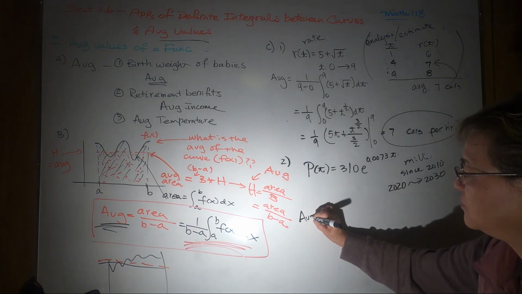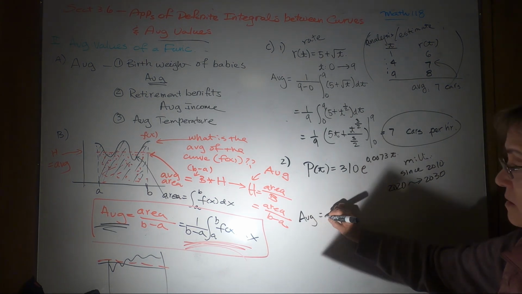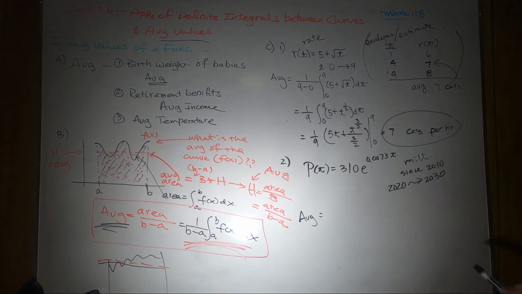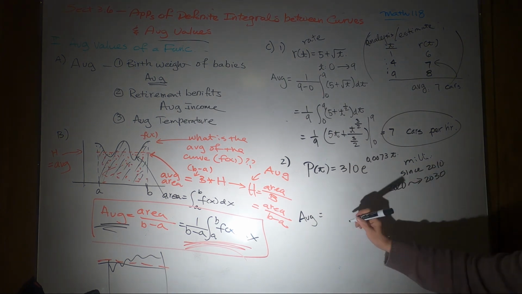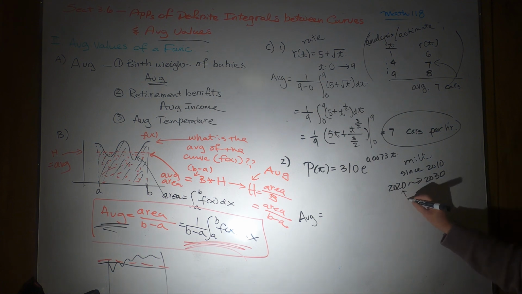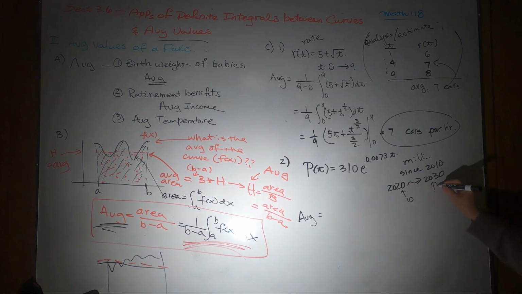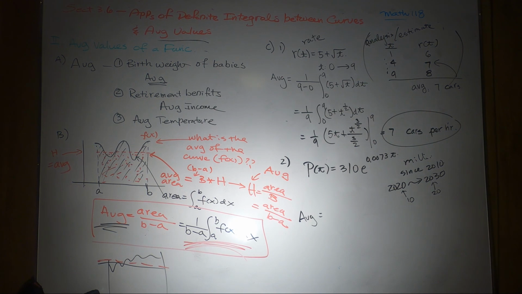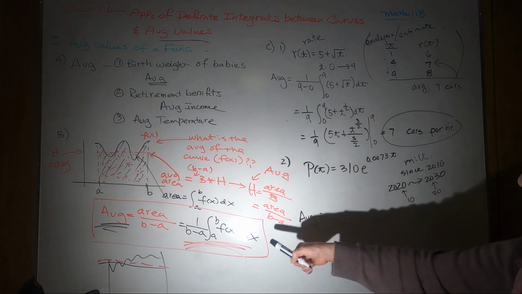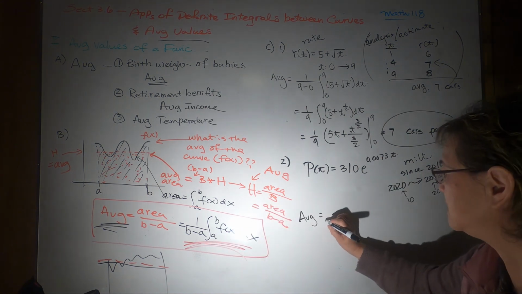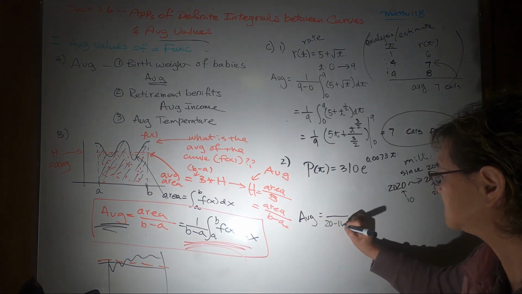So your average should be what? Since 2010, 2020 would be 10 years after. 2030 would be 20 years after. So between 10 and 20 is your a and b. So it's b minus a, right? So 20 minus 10.